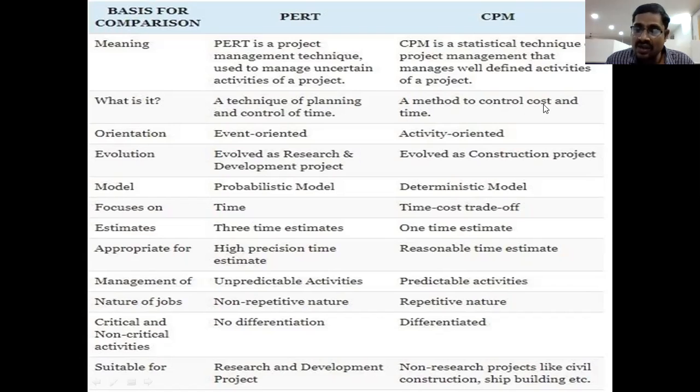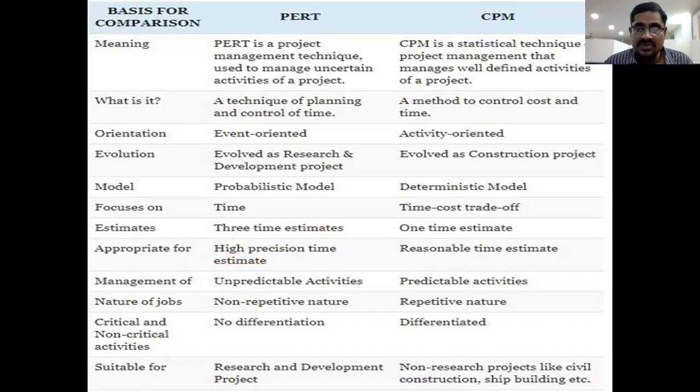Already we discussed this on the previous slide. PERT is event oriented, CPM is activity oriented. Activity oriented means arrows connecting two nodes, two circle points, right? Event oriented means nodal points, circle forms.